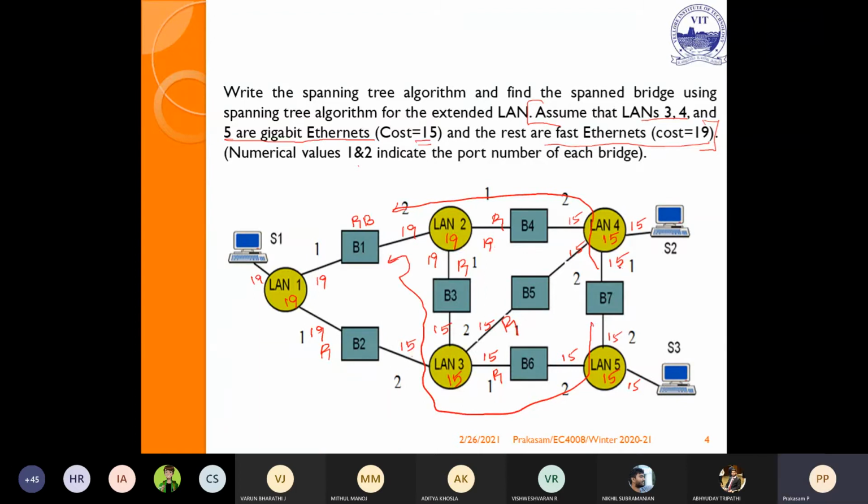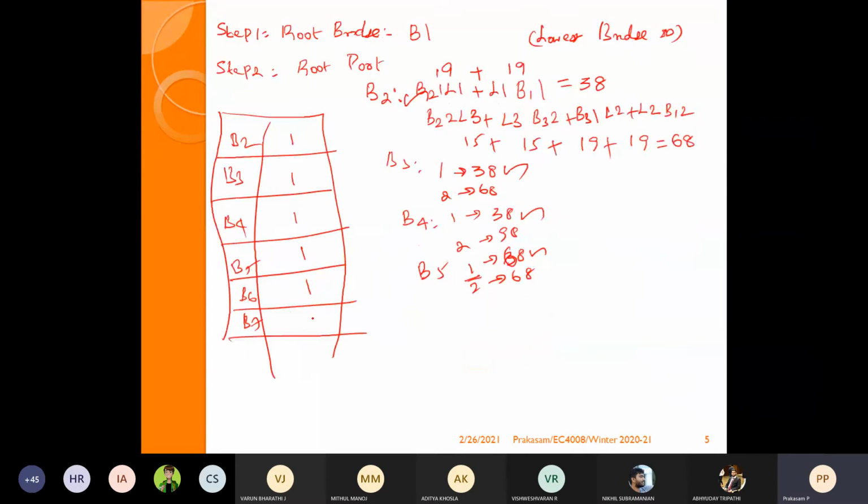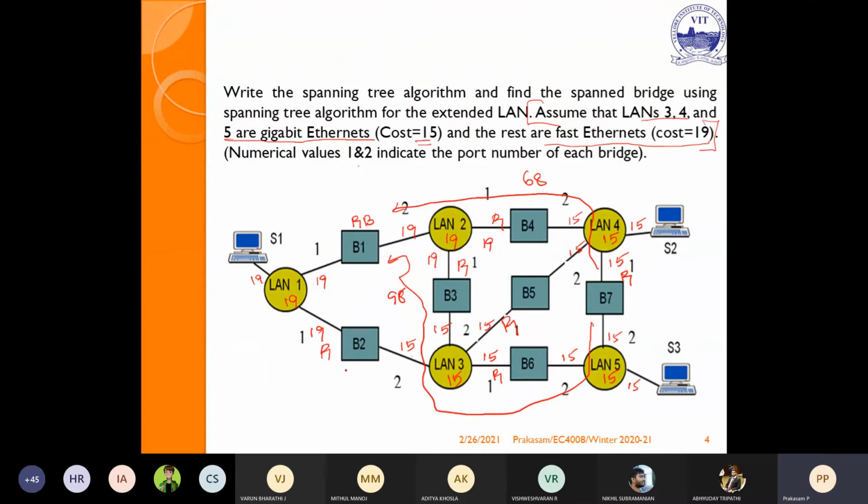So this is path 1, 15, 30, so plus 38, 68. 15, 30, 45, 60, 98. Automatically for B7, 1 is the root port. So next, we are going to move to the designated bridge and port.